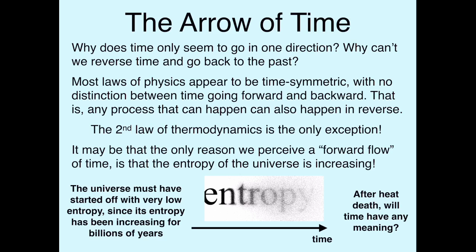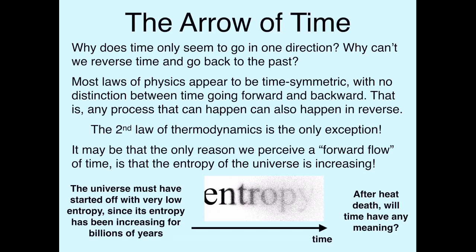In other words, as time goes forward, the entropy of the universe increases. That means that very early in the history of the universe, near the Big Bang, we must have started off with very low entropy, because entropy has been increasing for billions of years, and it's still increasing today.